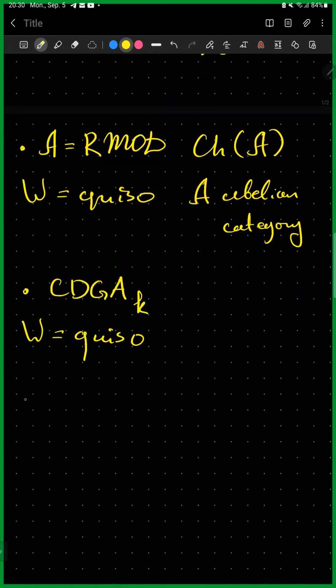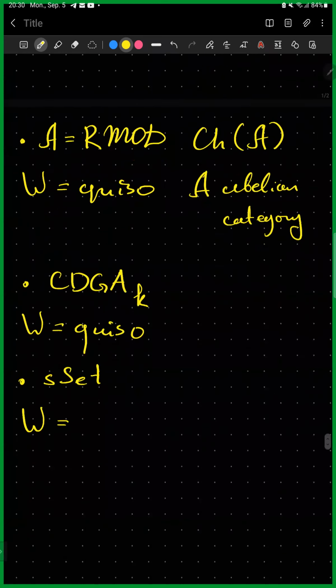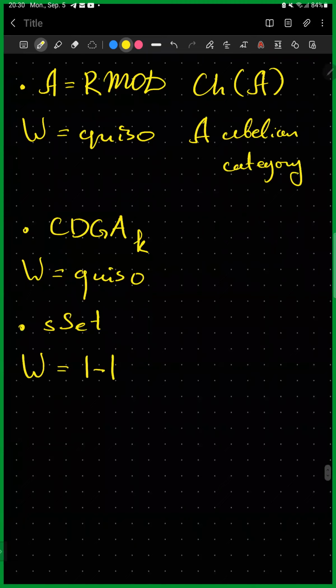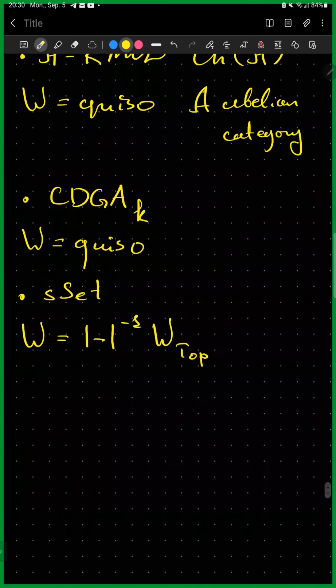Okay, finally, simplicial sets with weak equivalences given by, if you will, weak equivalences induced from topological spaces. So we take the geometric realization functor, and we take the pre-image of weak equivalences in topological spaces.